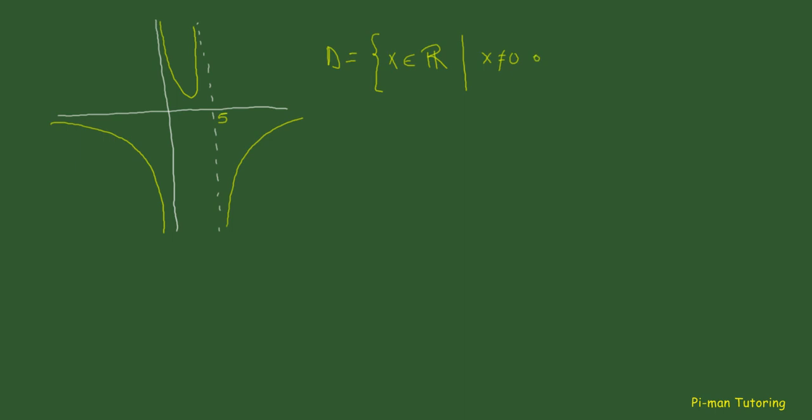So we can either write the word or, we can put a comma, or we can use set notation for the union of two things. All of those are acceptable. X is not equal to 5. And for the range, we have that y is a member of the real numbers, but y is never equal to 0.